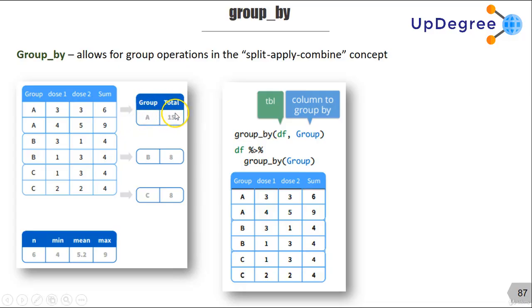For example, I want the total of group A, total of group B, total of group C.